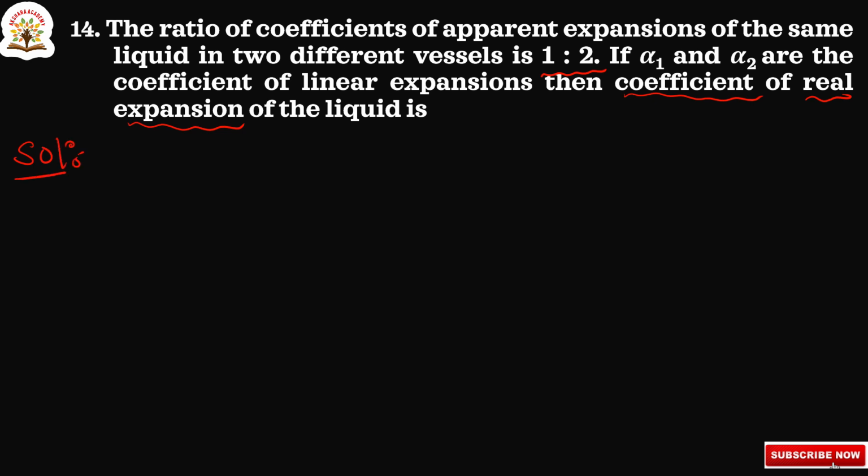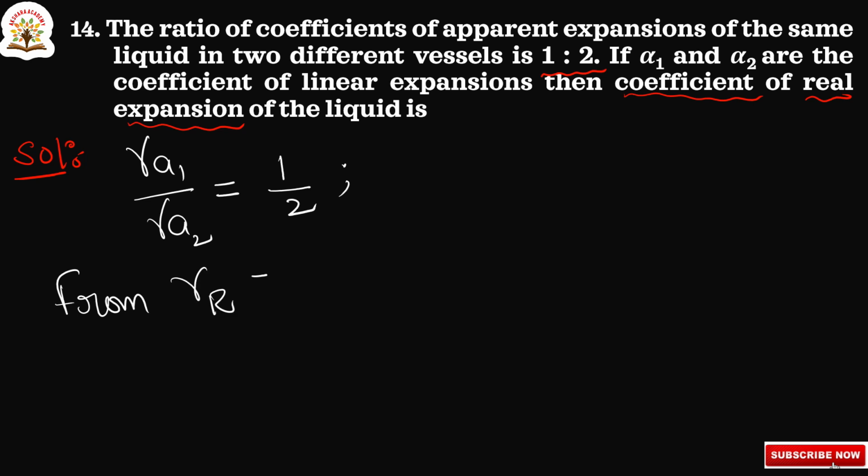Here given gamma A1 by gamma A2 is equals to, they given as 1:2, that is 1/2. From the relation, gamma R is equals to apparent expansion plus cubical expansion.